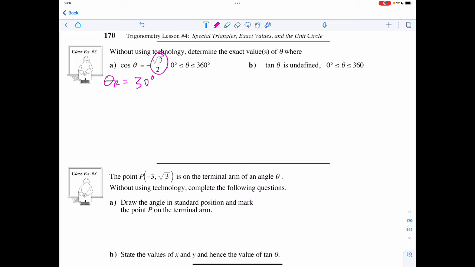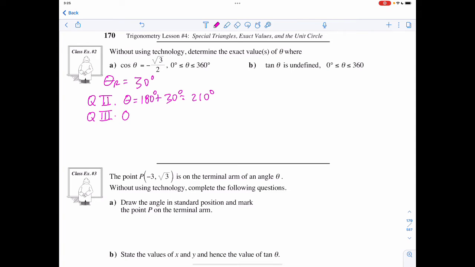Now, cos is negative in quadrants 2 and quadrants 3, where my rotation angle in quadrant 2 would be 180 plus my reference angle, or 210 degrees.